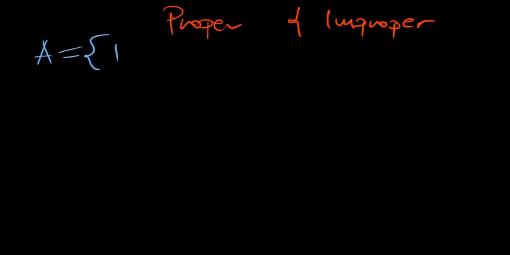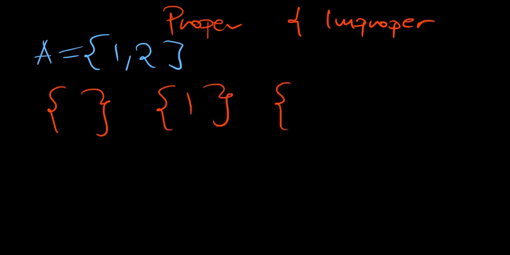Now, under subsets, we have what we call proper and improper subsets. So if I can take you back to an example where we have set A containing members 1 and 2, let's just list down the subsets. We said an empty set, 1, 2, and then 1 and 2.